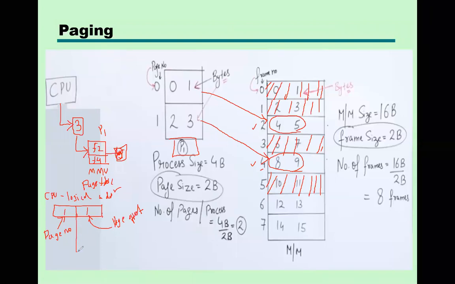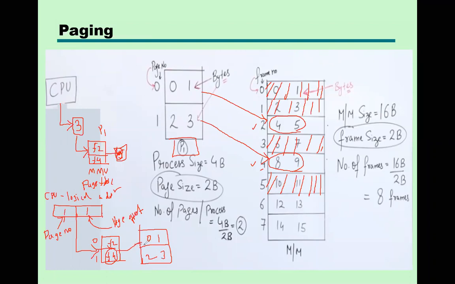So as per this logical address, we'll look into the page table, and in the page table there is the information of F2 and F4, 0 and 1. So this is F2 and this is F4. As per this location, 1 means obviously it is F4, and F4, as we have discussed, has 0, 1, 2 and 3.